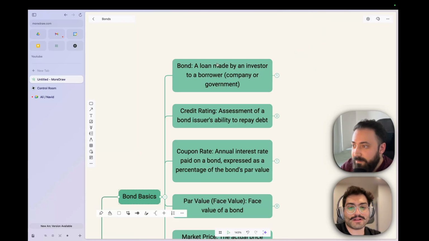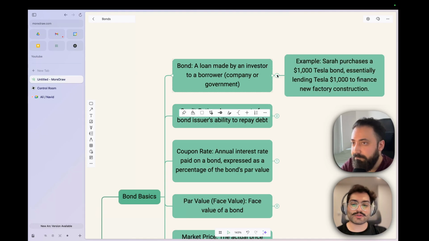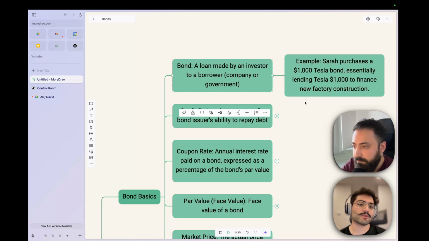First of all, a bond is a loan made by an investor to a borrower. That borrower can be a company or a governmental institute, and that investor is usually you who are buying the bond. So, for example, you can get a bond from Tesla.